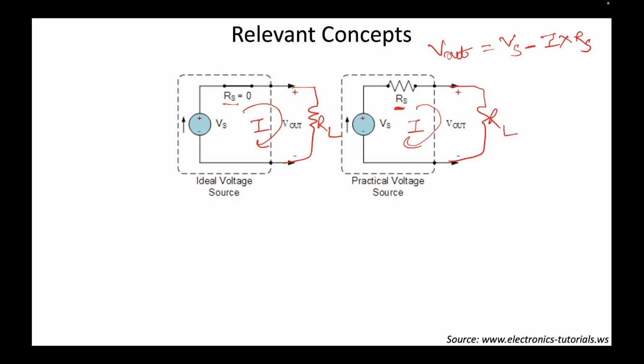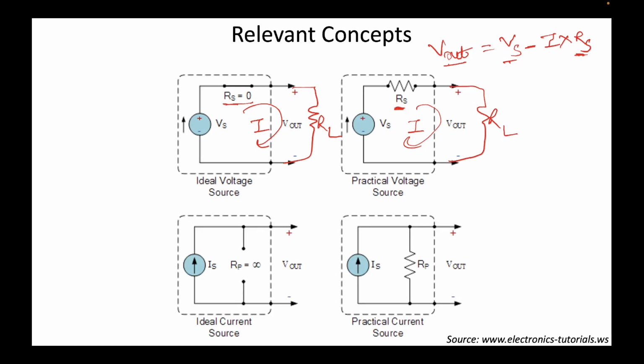In case of a practical voltage source, since Rs is a non-zero number, V out will always be smaller than Vs, which is not the case in an ideal voltage source, since Rs equal to 0, and if we put Rs equal to 0, V out will come equal to Vs. In other words, it can be said that in case of a practical voltage source, some voltage is dropped inside the voltage source itself.